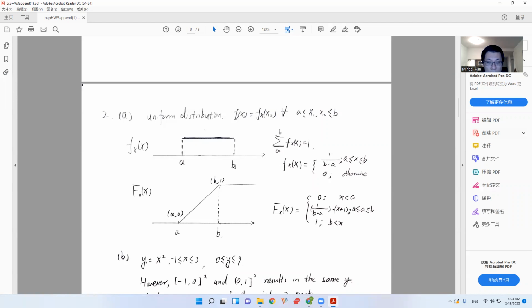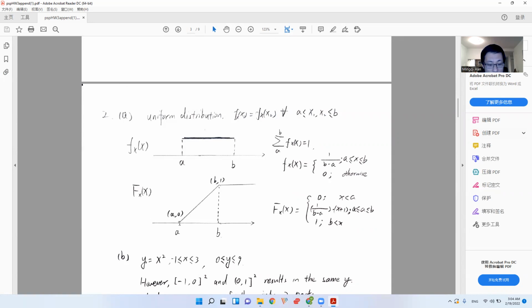For the second part of this question, we need to find the probability distribution function. It's a little bit complicated because it's basically an integral of this function. Let's make sure that this part and this part are covered.